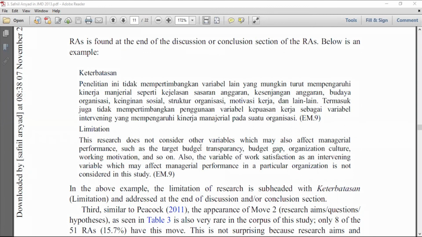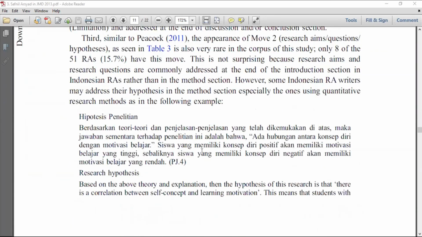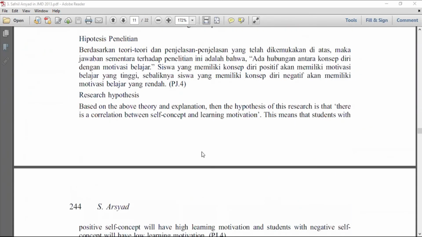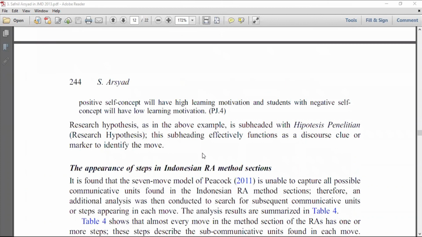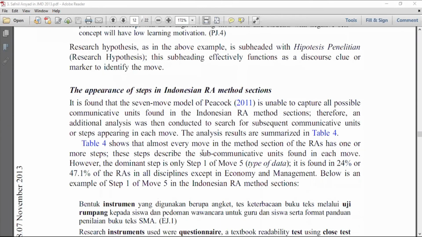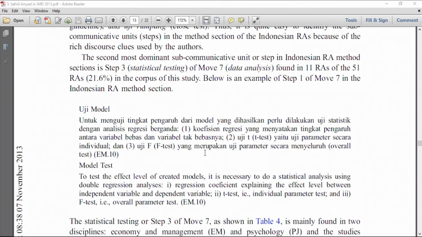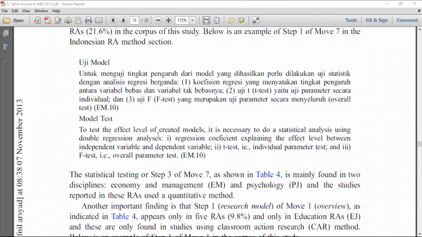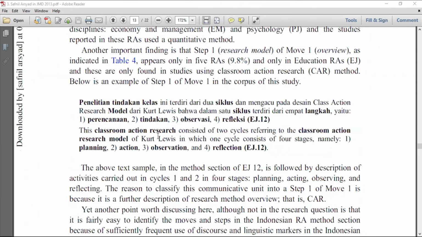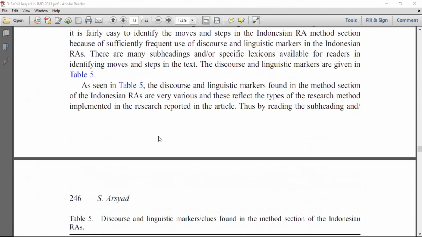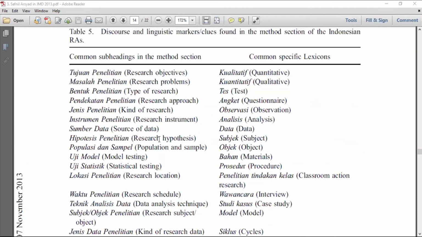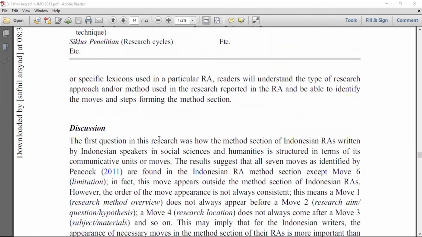And show the results with examples. This is the examples of each move, taken from the data of the study, from the corpus.